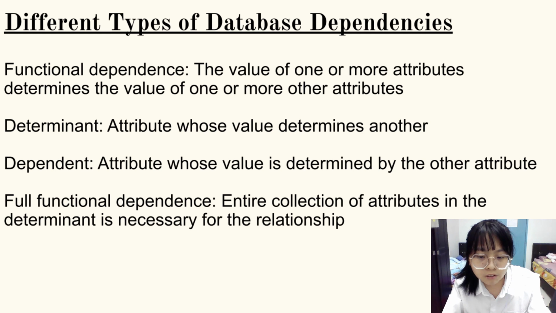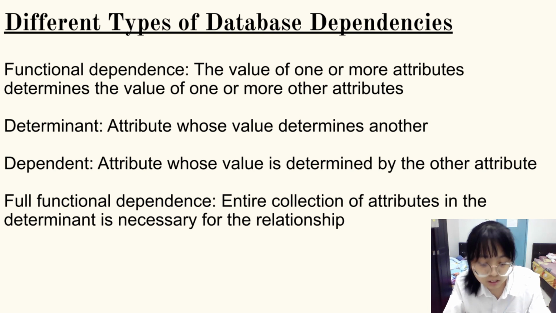Let's look at some of the different types of database dependencies. The first is functional dependence. This is when the value of one or more attributes determines the values of other attributes. The second is the determinant. It is an attribute whose values determine another one.